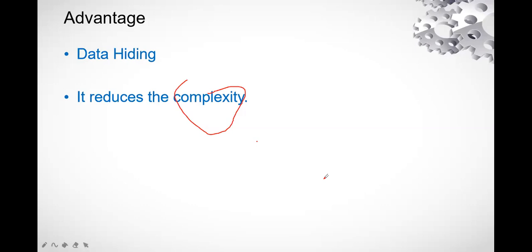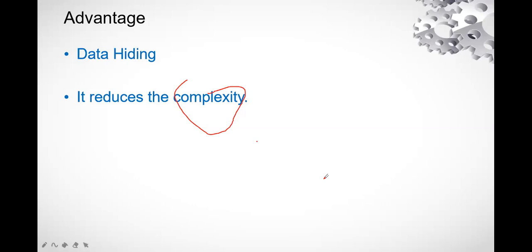From the one who is using the form. It is just an interactive feature that if you click the submit button, the process will take place. What process will take place? The form will be submitted, and you will just see a message that your form has been successfully submitted. So the implementation part behind it is being hidden. This is called data abstraction.